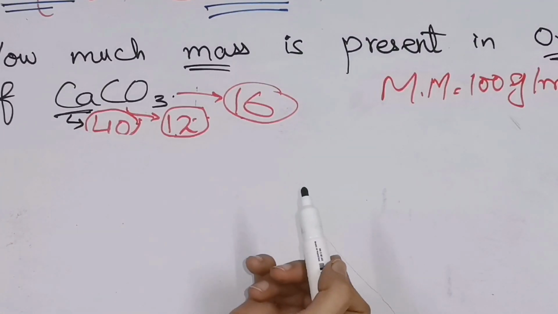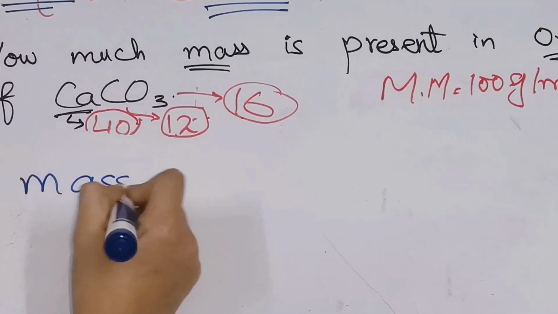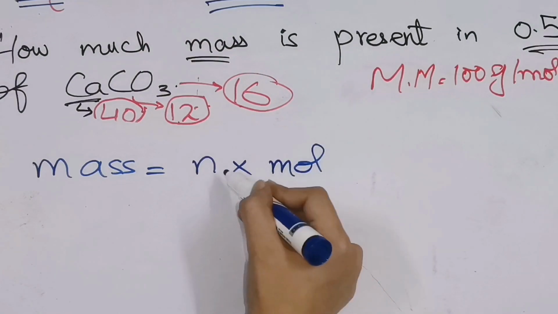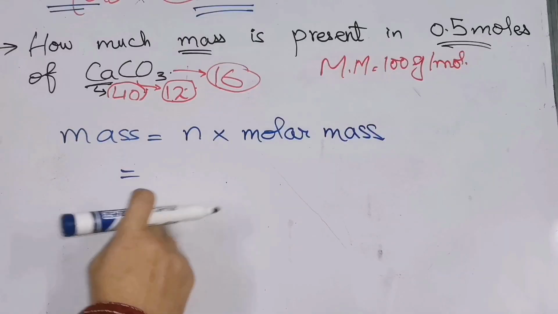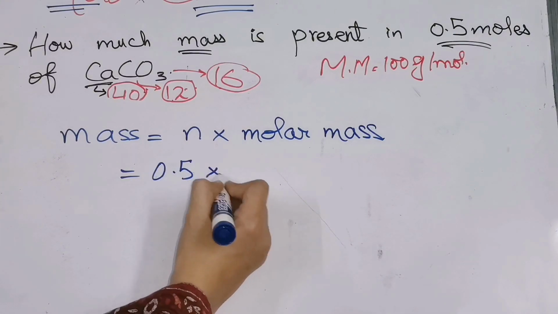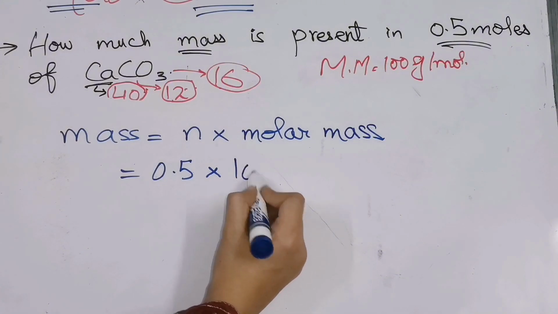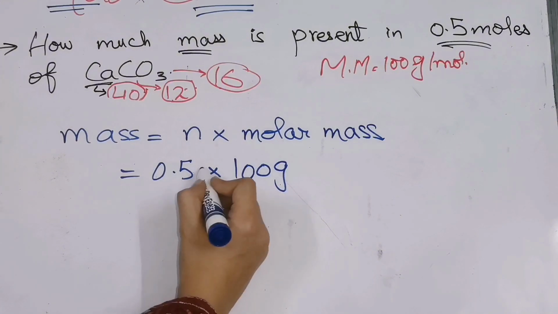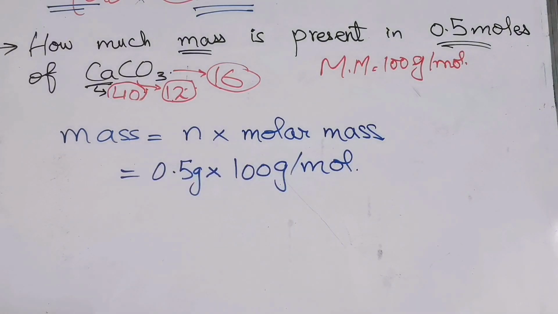The formula that we rearranged was that mass is equal to number of mole multiplied by molar mass. Now, number of moles is already present in the question, that is 0.5. We will multiply it with the molar mass, that is 100 gram per mole. Okay?